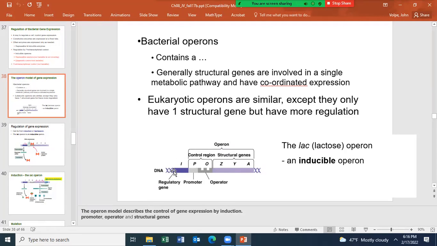And we'll talk more about the regulatory gene later, next time.